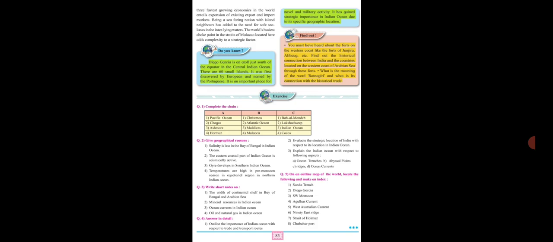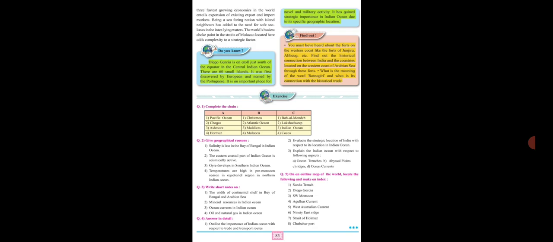It is completed by the Mozambique and Agulhas currents, and the west wind drift is completed by the West Australian current. Then I told you how the ocean currents are affected by the extent and shape of the coastline, the wind system in the region, and the seasonal monsoon winds which drive the currents.